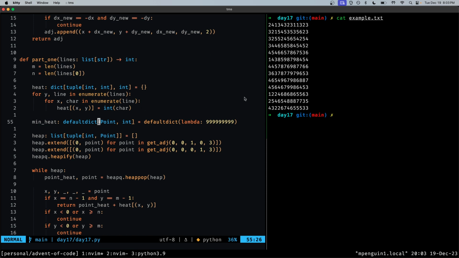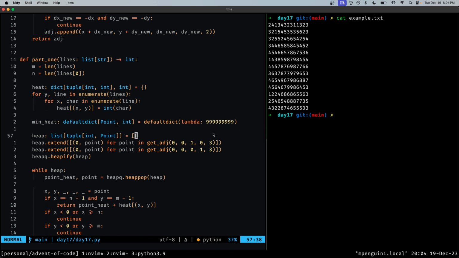So, for example, to get to x of 0, y of 1, which would be this 3 here, the minimum heat loss we could incur is just by going straight down from the start, so that would be 3. Basically, we're filling out this dictionary as we perform Dijkstra's algorithm, and then we can pop off the value at the bottom right corner to get our final answer.